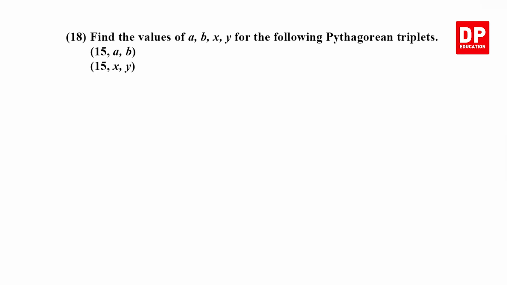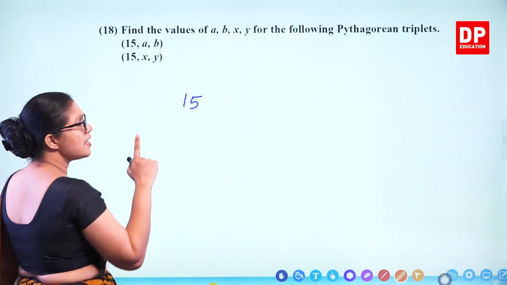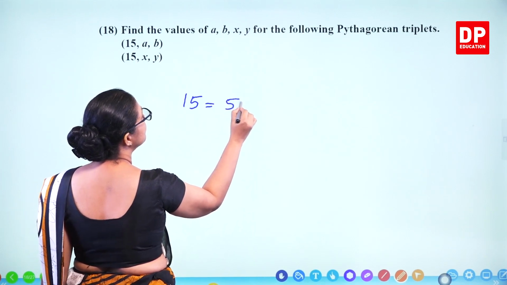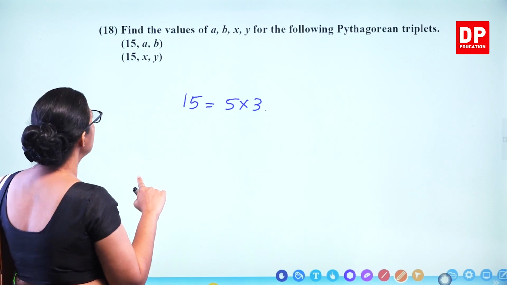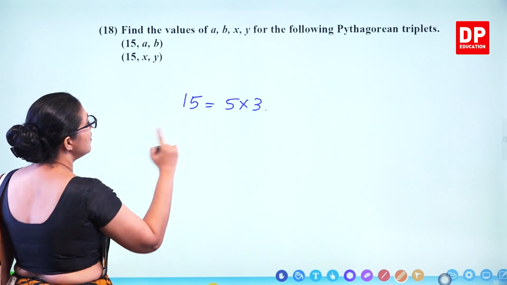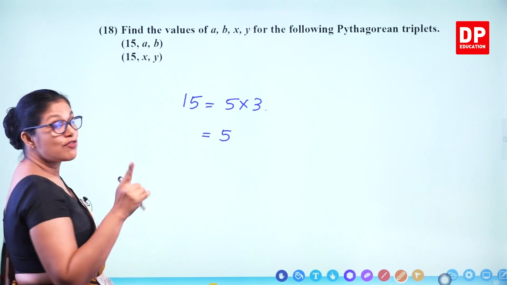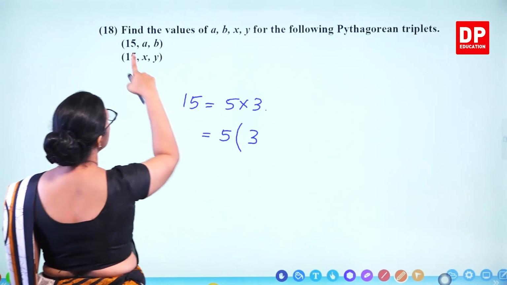Question number 18. Find the values of a, b, x, y for the following Pythagorean triplets. 15 is there. How can you write 15? 5 times 3. So we can take 5 out, because you need 2 ways of writing 15, and then 3 is one value.